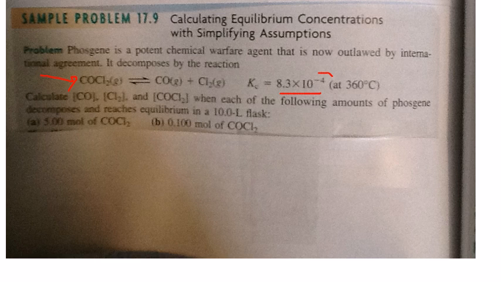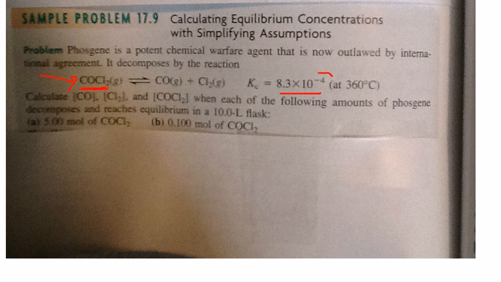What a smaller Kc means is that decomposition is, in this case, to a relatively small degree. So there's not a whole lot of carbon monoxide and chlorine gas made, and the concentration of this stuff doesn't change by a whole lot because K is rather small. Only a small amount of it breaks off.